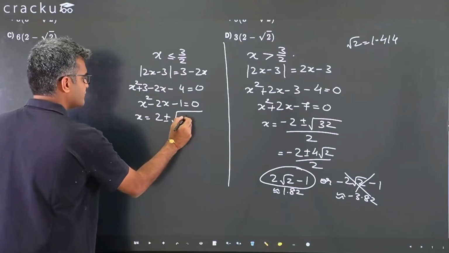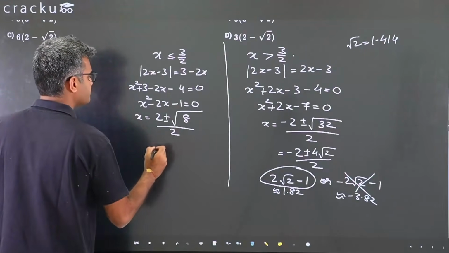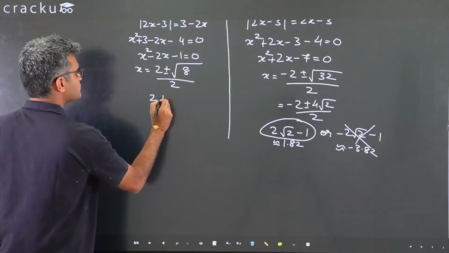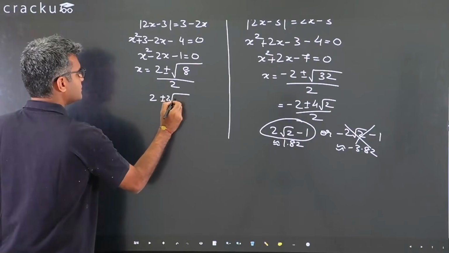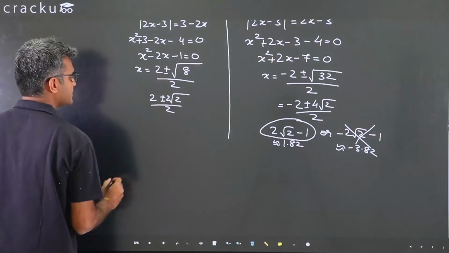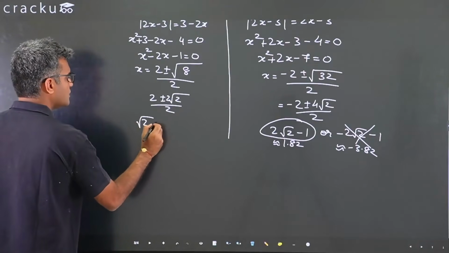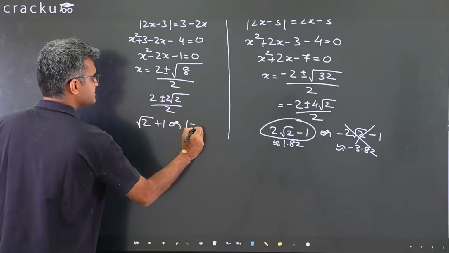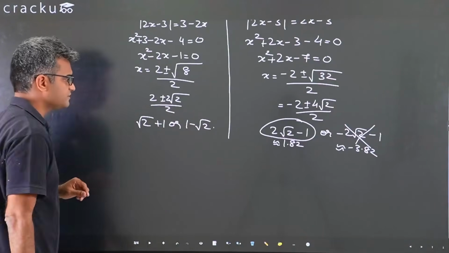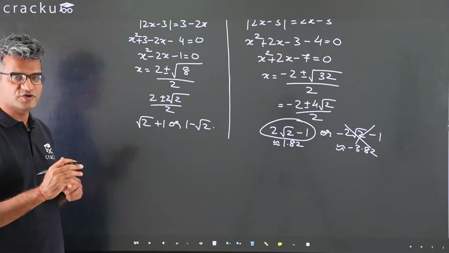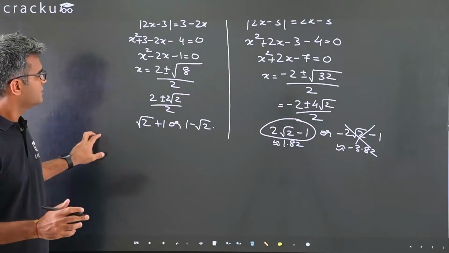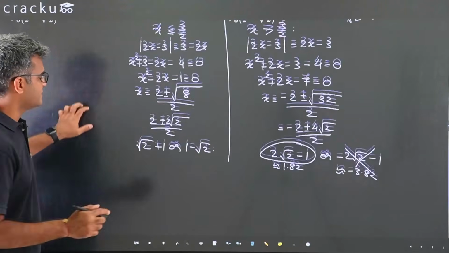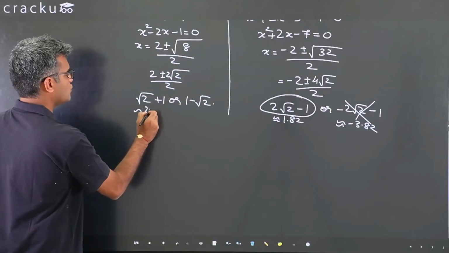So this is square root of 8 divided by 2. This is 2 plus or minus 2 root 2 by 2. So it is either root 2 plus 1 or 1 minus root 2. These are the two cases that are possible. Again, root 2 is approximately equal to 1.414, and so this will be approximately 2.414.